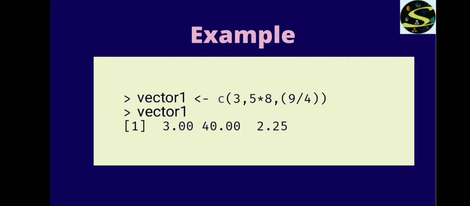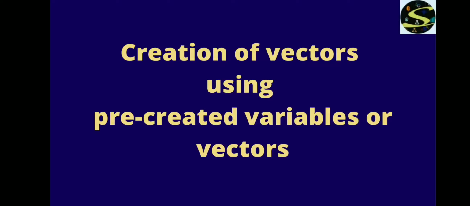From this, it's clear that an expression consisting of arithmetic operations can also be assigned as an element to a vector. We can also create vectors using pre-created variables or pre-existing vectors. Let us see examples for both.